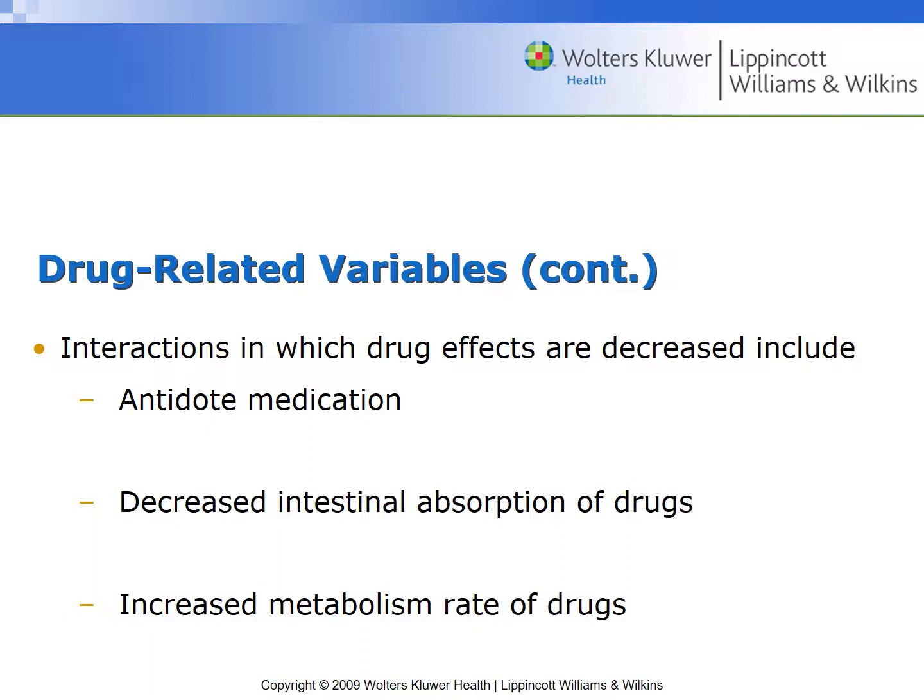It goes against the action of the original drug given, so it counteracts the effect. Okay, and that can come in really, really handy when we have an overdose of a drug going on. Drug effects are decreased by a decreased intestinal absorption of the drug and an increased metabolism rate of the drug as well.